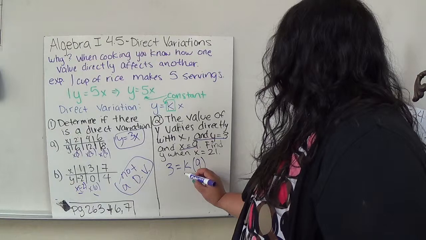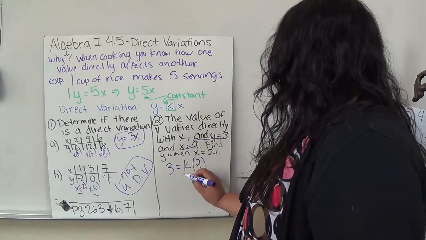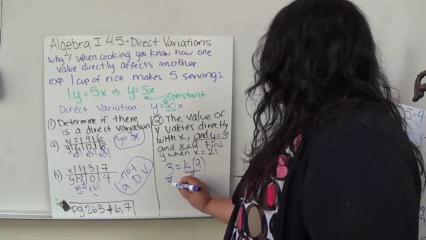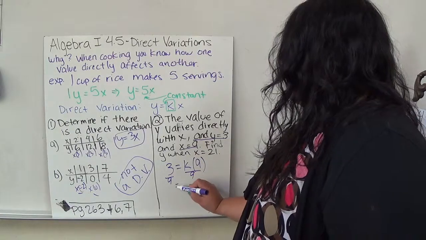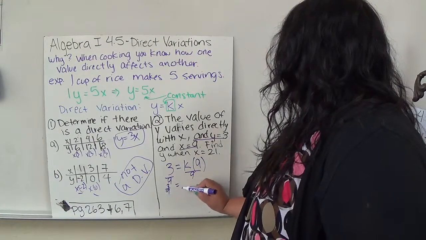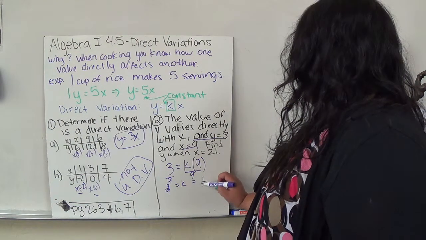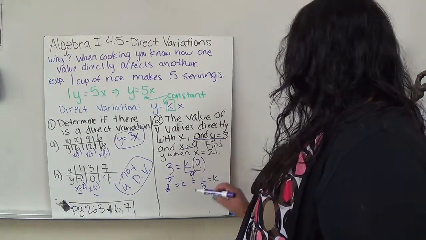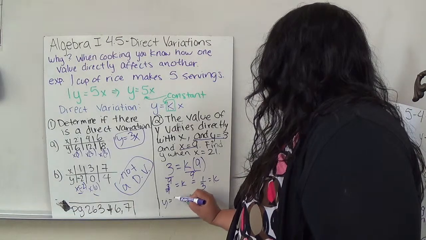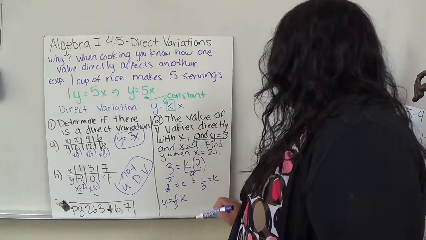So if I solve for k, I'm going to divide both sides by 9. I end up with 3 over 9 equals k, which is the same thing as 1/3 equals k. So my equation is y equals 1/3 x.